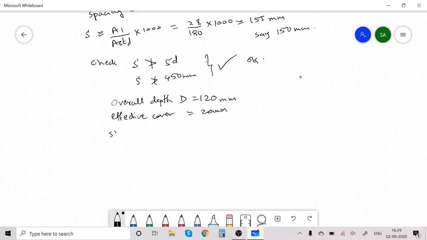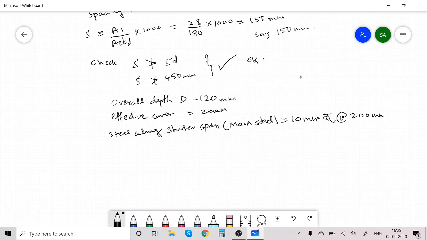Then steel along shorter span, that is main steel, 10 mm diameter TOR at 200 mm center to center, and steel along longer span, that is distribution steel, is equal to 6 mm mild steel.